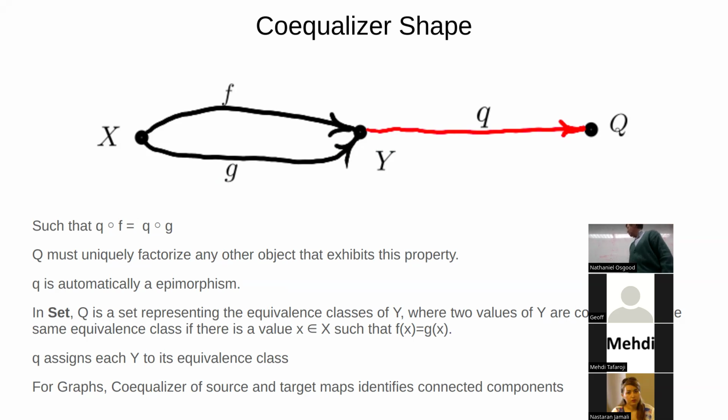Now the coequalizer might take a little bit of extra time to get your head around, and I want to talk about it. It's really a delightful little construction, but it requires a bit of thinking.